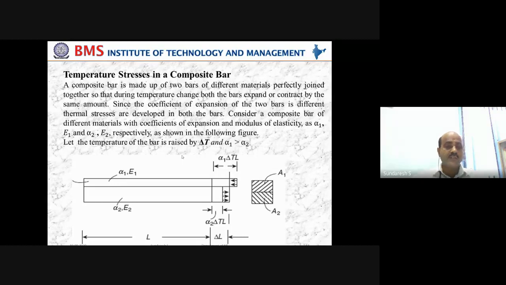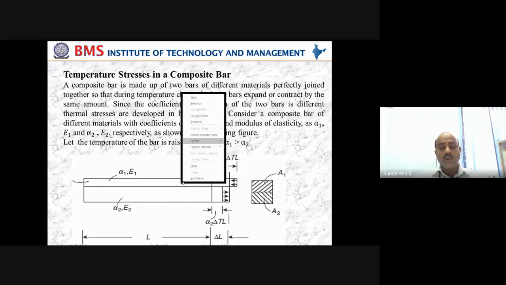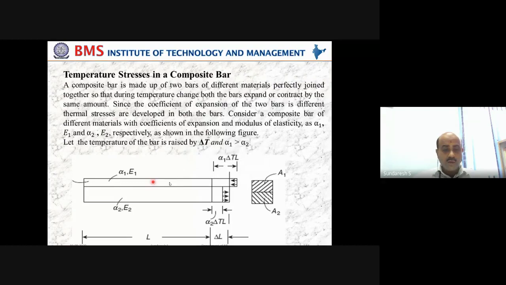What we have here is a composite bar made of two bars of different materials perfectly joined together, so that during a change in temperature, both bars expand or contract by the same amount. This is material one, and this is material two.